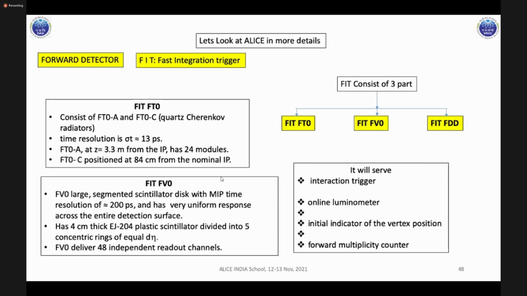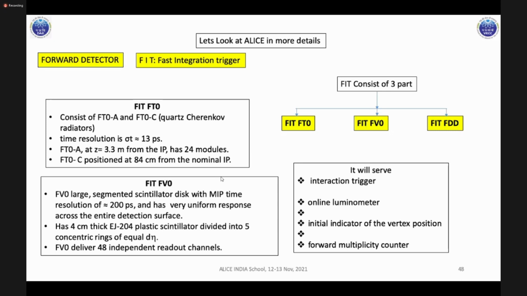What about FV0? This is a large segmented scintillator disk. See, Cherenkov radiator or scintillator or RPC, they are used as trigger detectors. So FV0 is a large segmented scintillator disk with a time resolution of about 200 picoseconds and very uniform response over the whole acceptance.